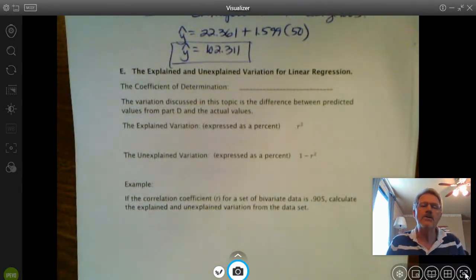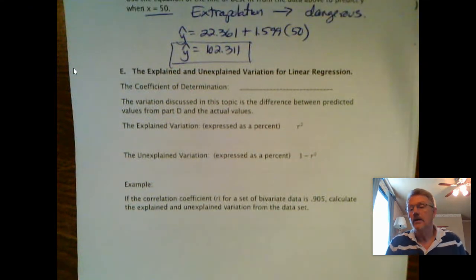Okay, so today we're talking about the explained and the unexplained variation for linear regression. What it's talking about as far as variation is that the predicted value is not always the same as the actual value, which kind of makes sense. That predicted value is more of an average, right?